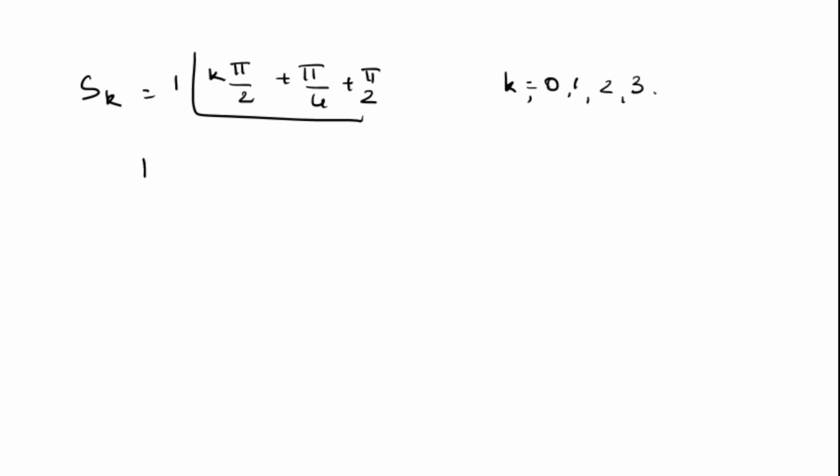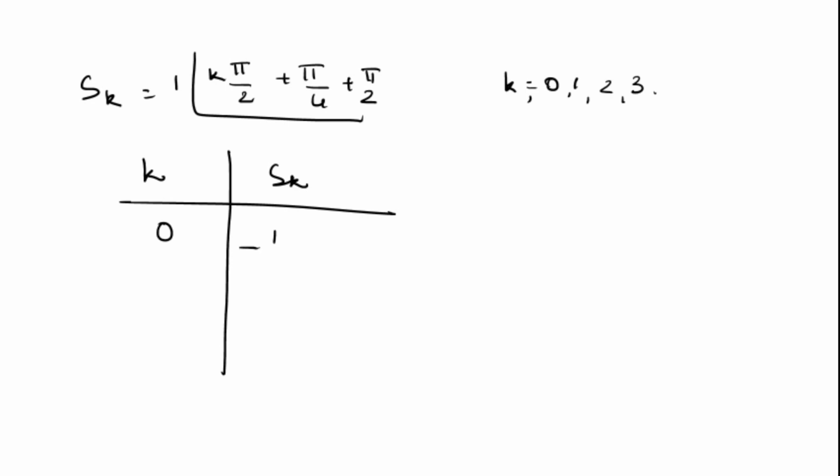So first we find the values for k equal to 0 and 1. When k is equal to 0, sk is minus 1 by root 2 plus j into 1 by root 2, and for k equal to 1 we get minus 1 by root 2 minus j 1 divided by root 2.